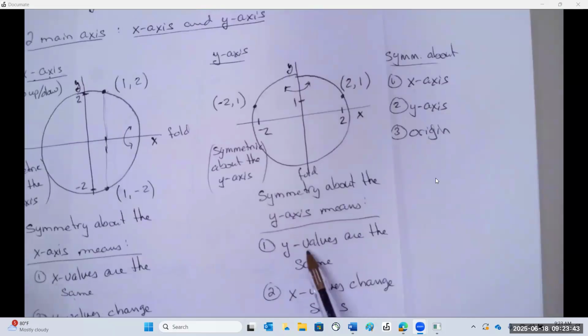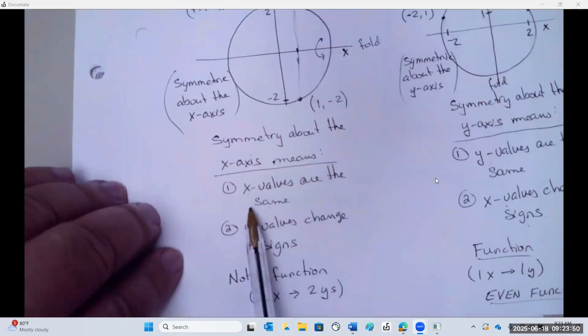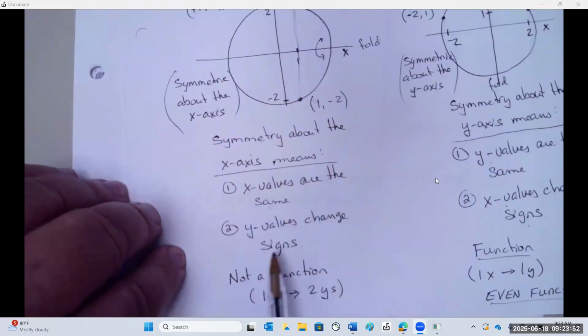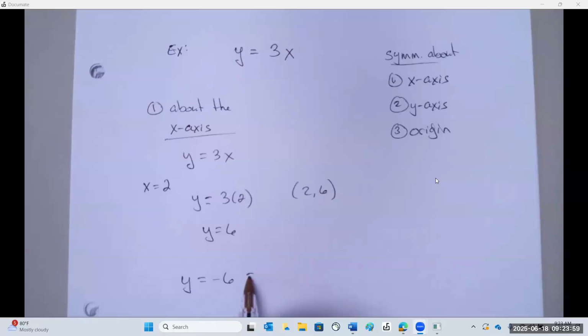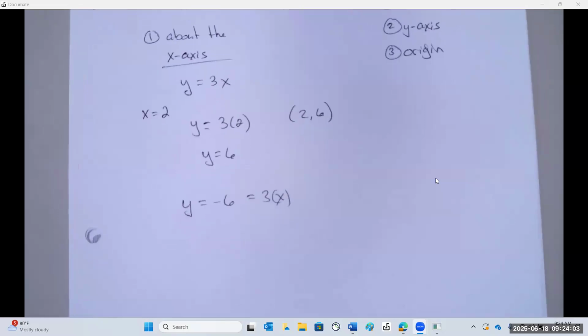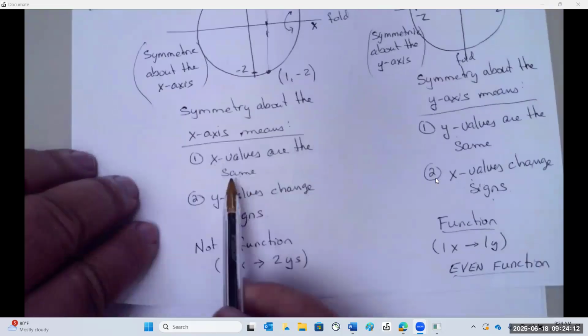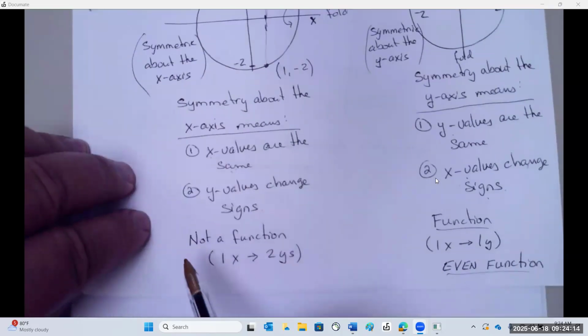Now, this says the x values are the same. Do the y's, can y change to be -6 if I use the same x value? Yeah, remember what this thing says, to be symmetric with the x-axis, the x values have to be the same.